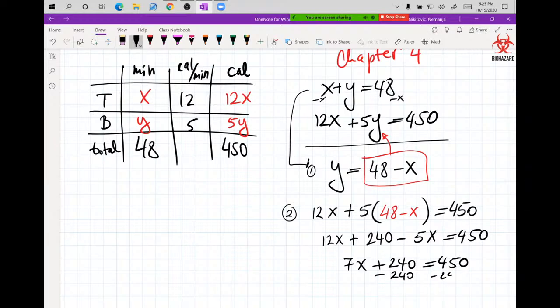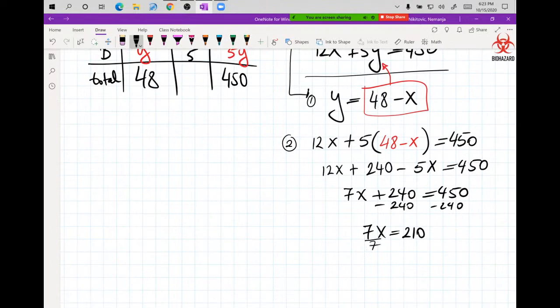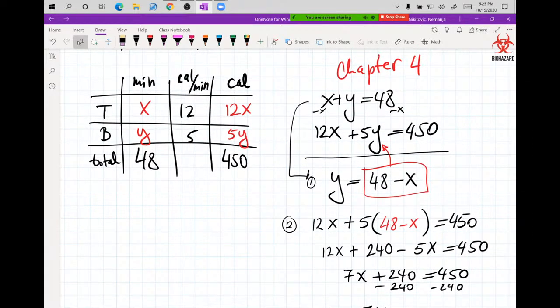Take away 240 on both sides. And here is your 7x is 210. Dividing by 7, we get x equals 30. So x equals 30, meaning that the student was 30 minutes on, I keep forgetting what this thing is.